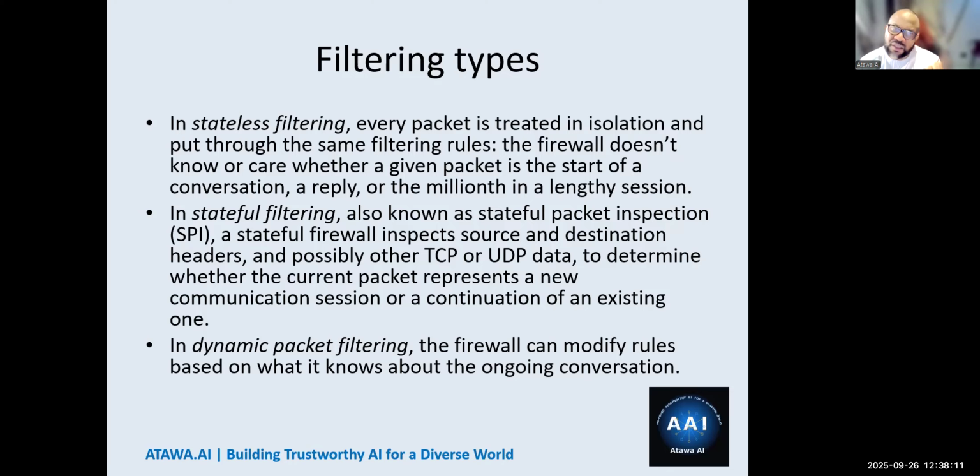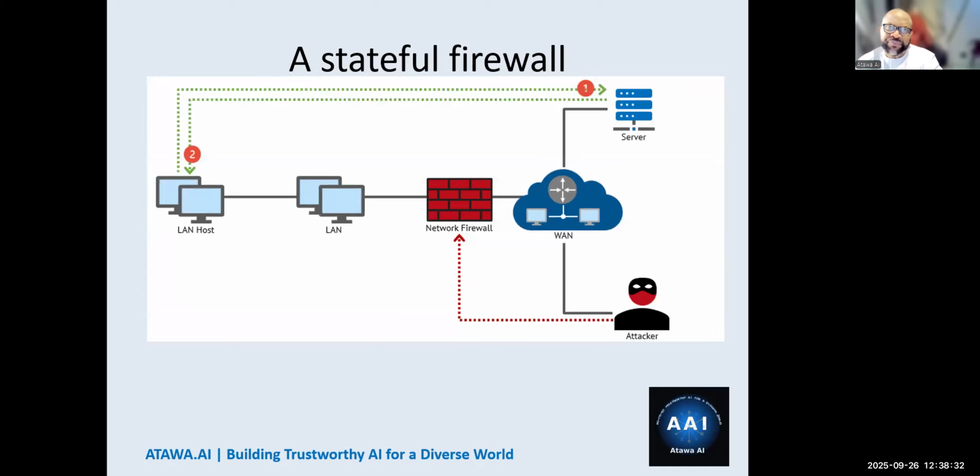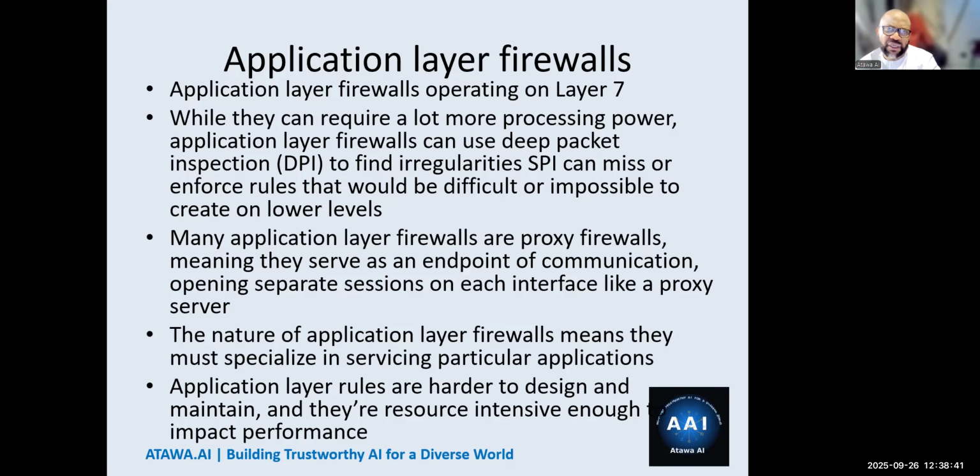It's going to look at the source and destination headers, and maybe other things like TCP or UDP, and it will use that to determine if it's a new communication session or a continuation of an existing session. So it actually examines the packet to know which state of communication it is. That's why it's called stateful inspection, right? So with a stateful firewall, you go into traffic to prevent the attacker, you check what is going on and know whether it is coming or going.